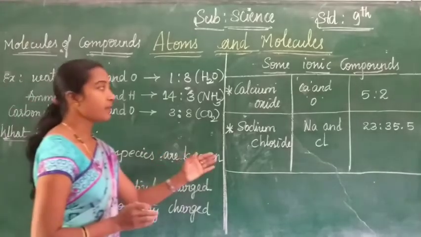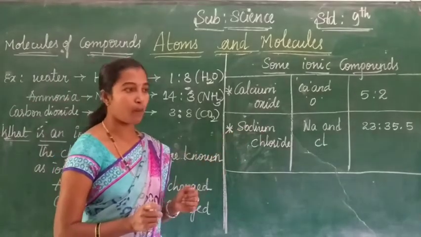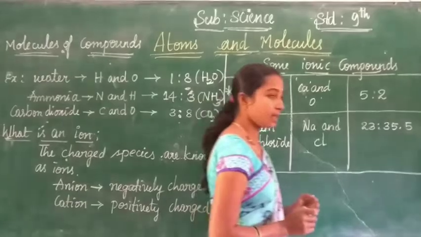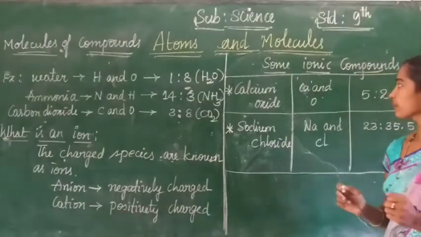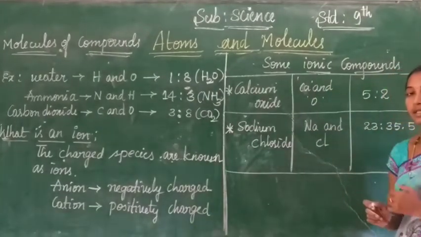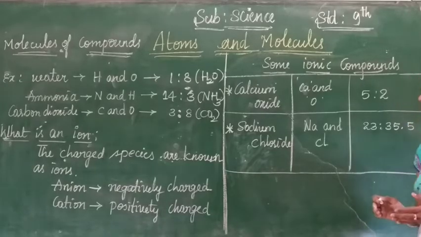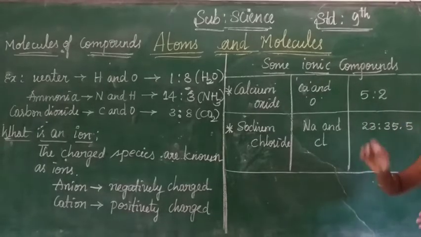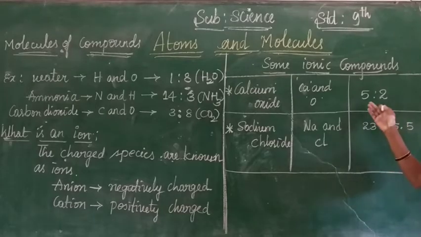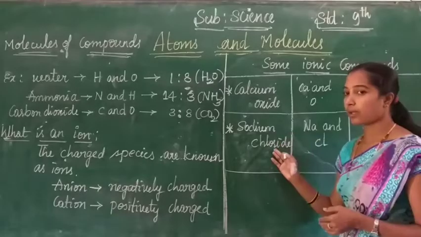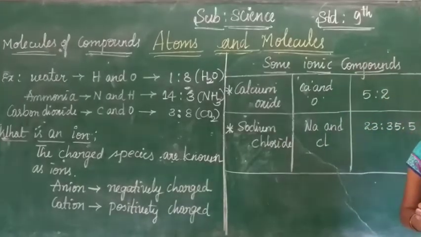See now some examples of ionic compounds. Calcium oxide. Calcium is a metal and oxygen is a non-metal. Both are combined together to give calcium oxide, in the proper proportion 5:2. And sodium chloride, I told you already.